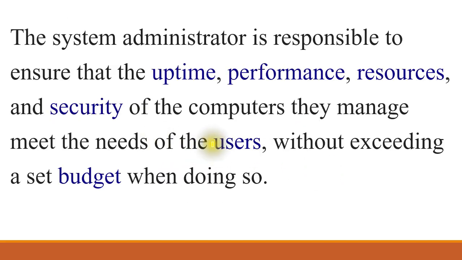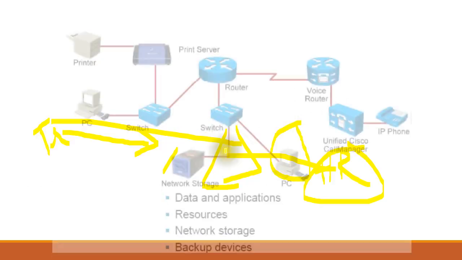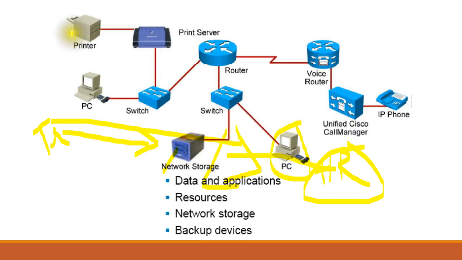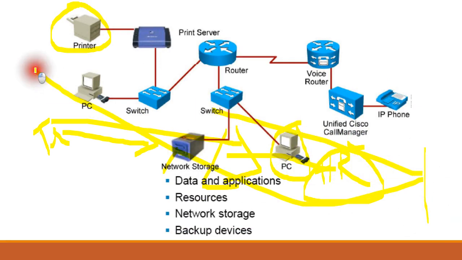At the same time, this is a very simple thing I'm telling you: uptime, performance. This system should perform very well. For example, let me tell you, this is one printer. You have only one printer in your company, and 50 users are giving commands, 50 people need to access this printer, and if this printer is down, they won't be able to print.